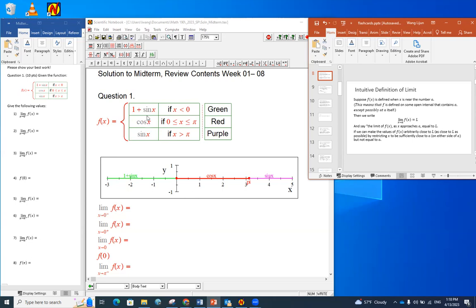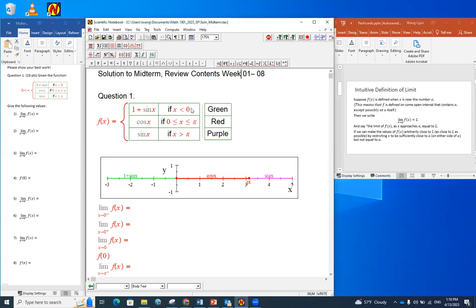The first function, 1 plus sine x, is the definition of the function when x is less than 0, so I put it in green. The one in the middle is cosine x, between 0 and pi, including 0 and pi. And the third one is when x is greater than pi, and I use the color purple.